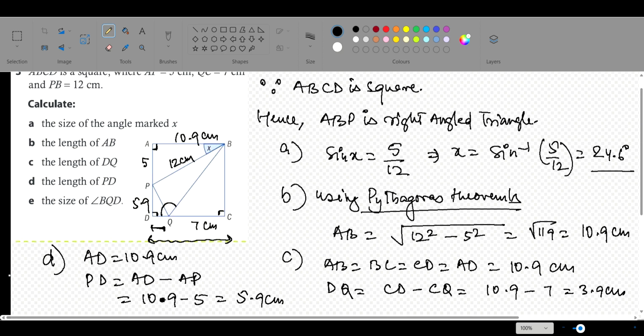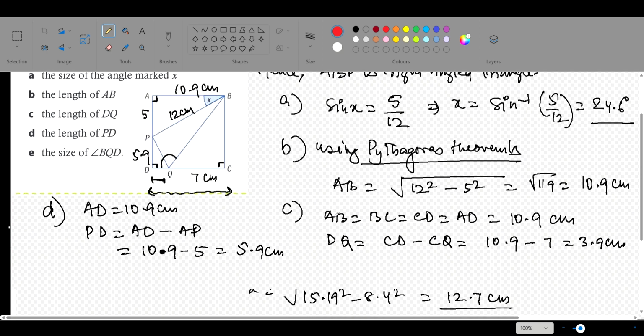So to find the BQD, what I can do, I'll find BQC. This triangle BCQ is a right angle triangle. You can see here BCQ is a right angle triangle.